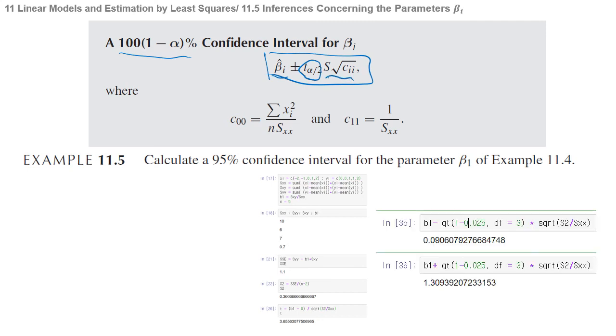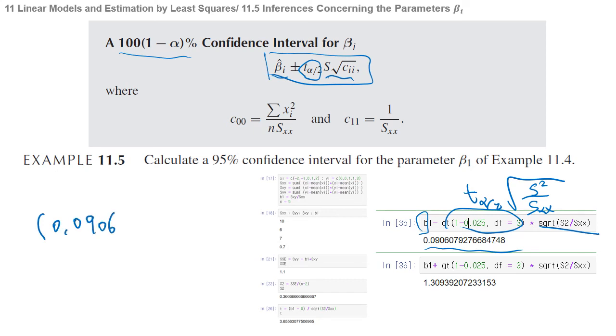So we calculate beta 1 hat minus t alpha over 2 times the square root of s squared divided by Sxx, which is the standard error of beta 1 hat, and the calculation is this.